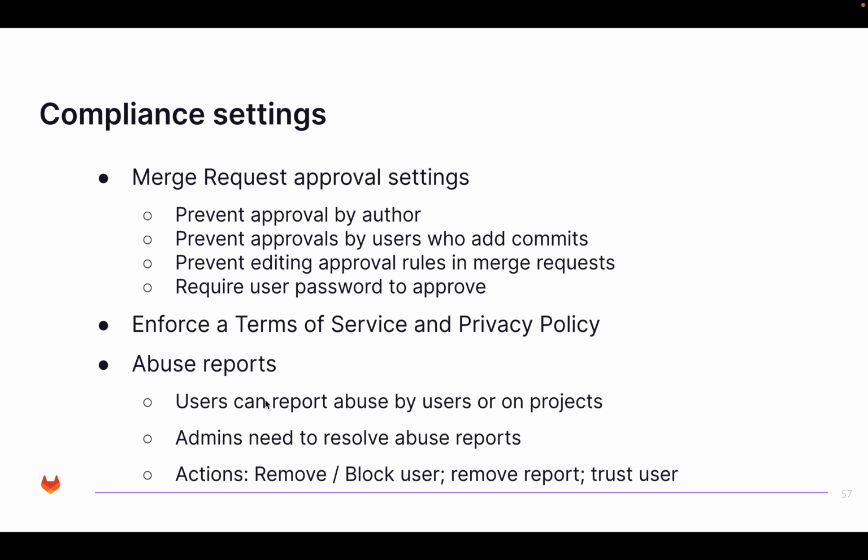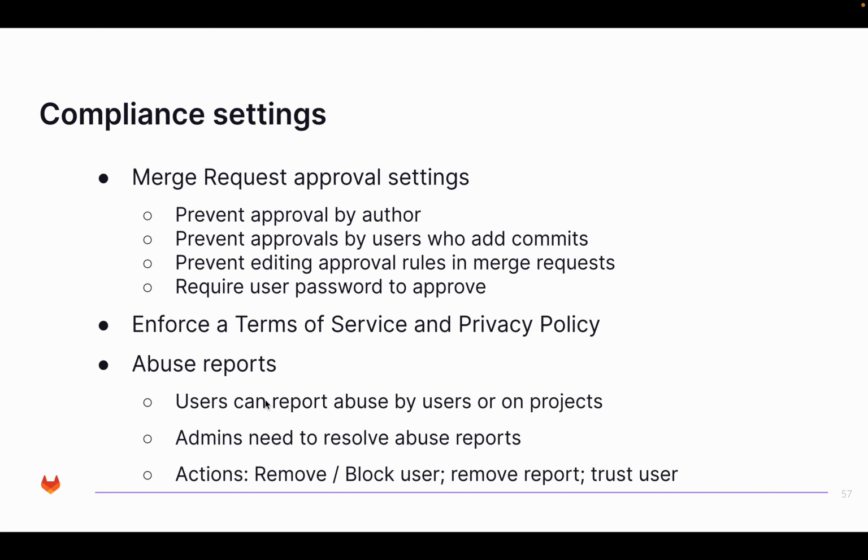Now, to support that, we have some settings. We have merge request approval settings, where you can indeed configure on project, group, or even instance level that projects have to have an approval that is not from either the author or the committer, and that you also want to prevent people within the project from editing approval rules in the merge request.